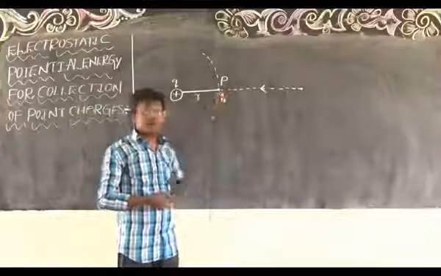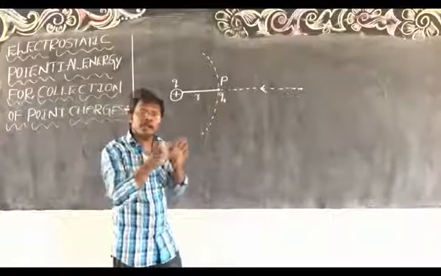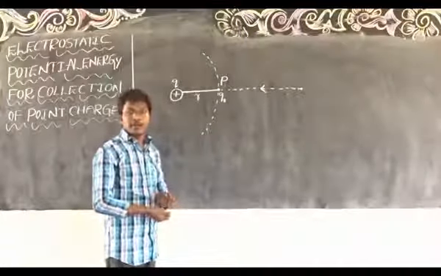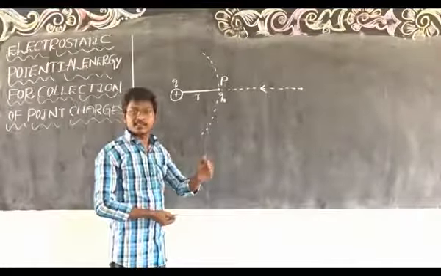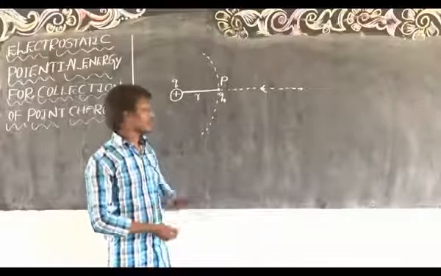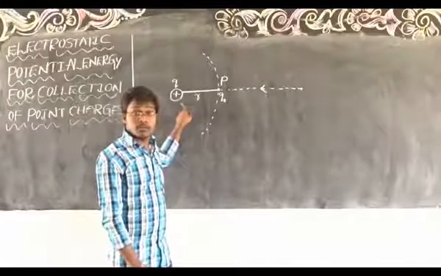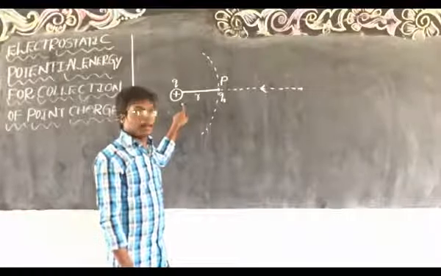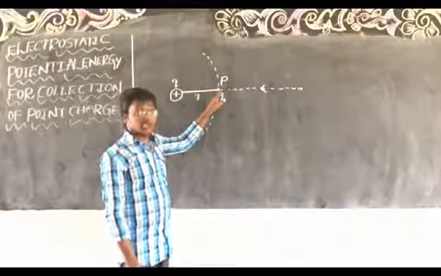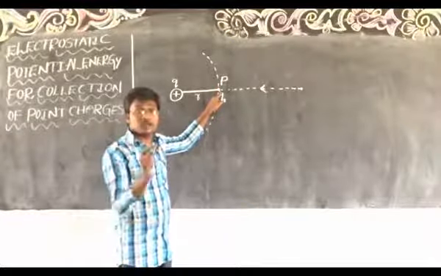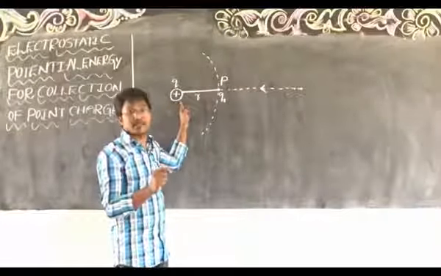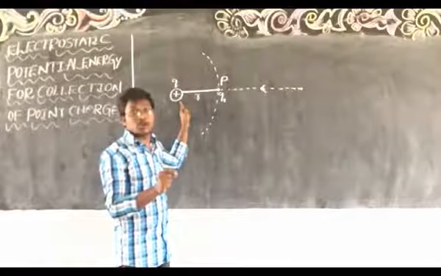At this point P, what is the electrostatic potential? I hope we already know, because we finished this topic in previous classes. This is the positive point electric charge. At point P, you have to find the electrostatic potential due to the point charge. What is the expression?